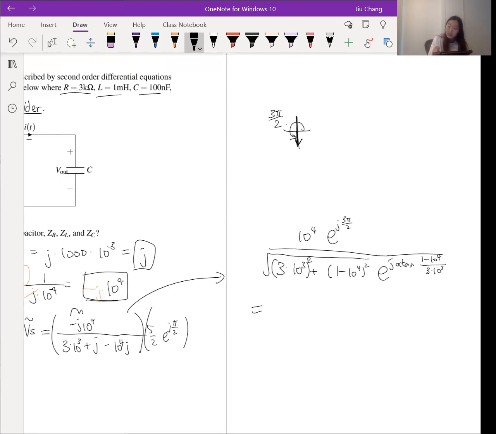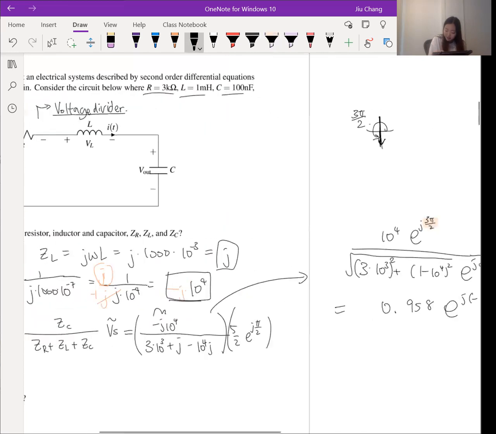Okay, doing this calculation using computer, we get 0.958 as our magnitude, and doing the phasor calculation, this minus this gives us negative 0.2915.